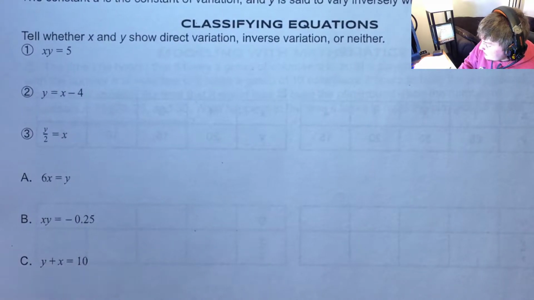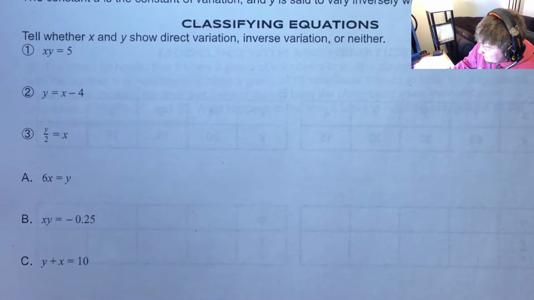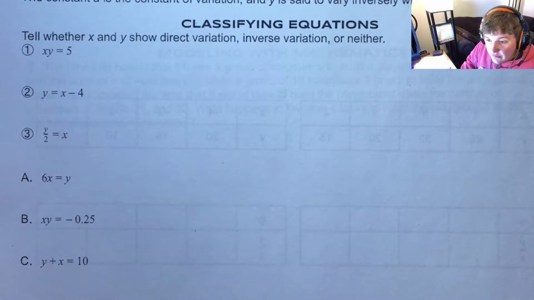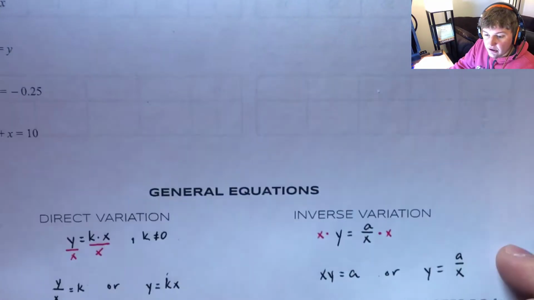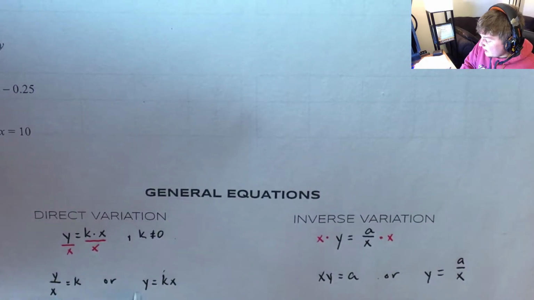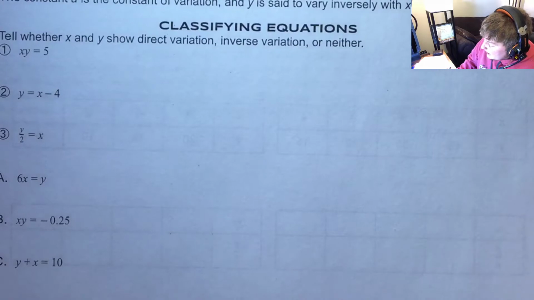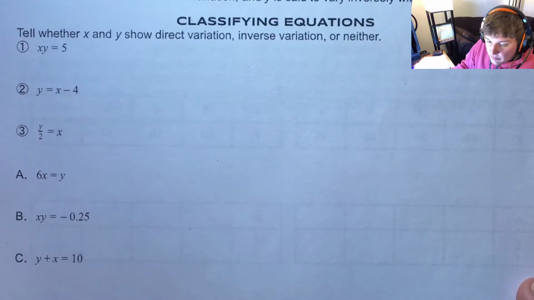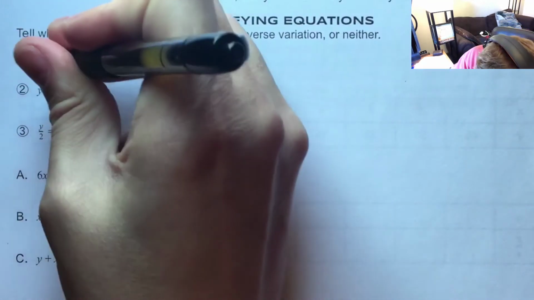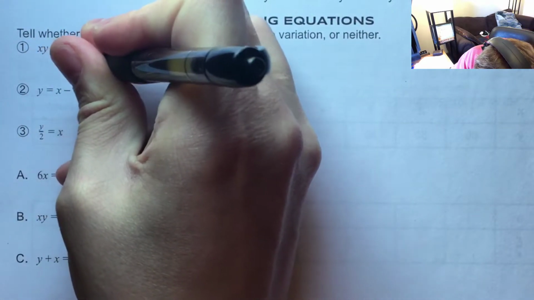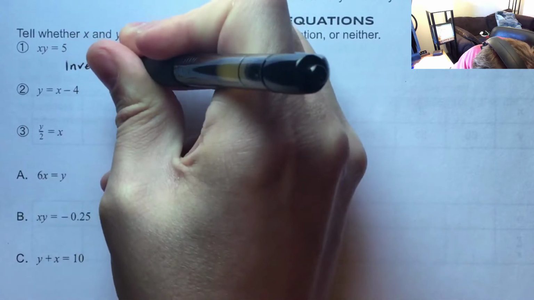If you look, it's just the x and y variables being multiplied by each other. So I got to find the general form down here that just has my x and y variables multiplying by each other, and that seems to be right here. So I know x times y is equal to a, so I know that number 1 is going to be an inverse variation.